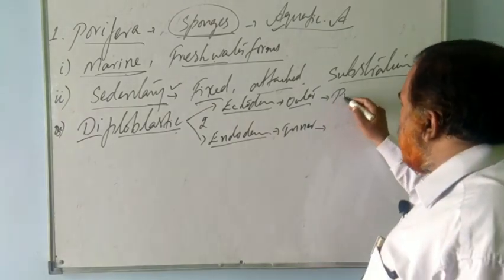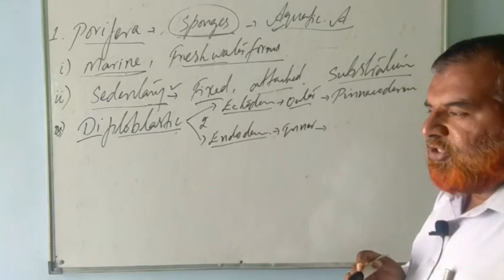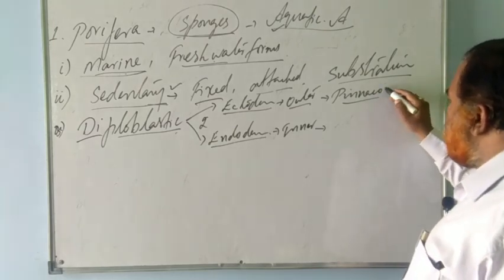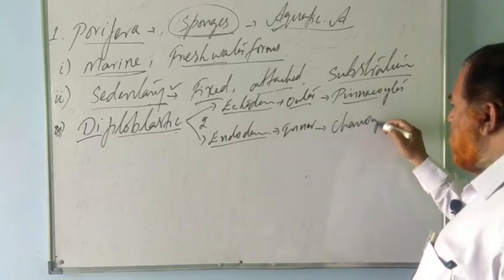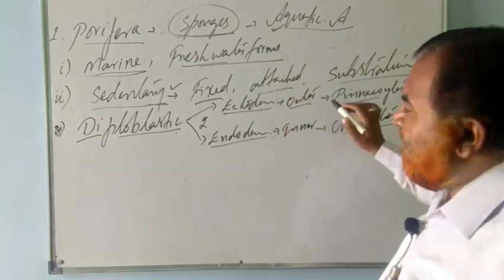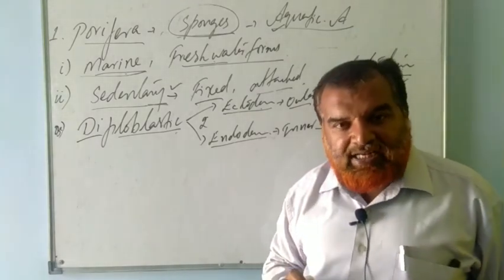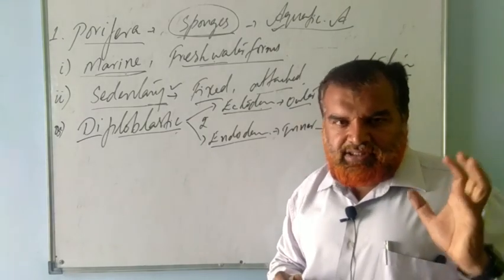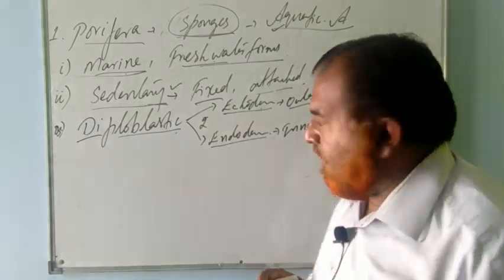Outer consists of pinacoderm, pinacocytes, inner choanocytes. Cytes refers to cells. Blast also refers to cells, immature cells, just born cells, nascent cells. Cytes, complete cells. Fine, clear.